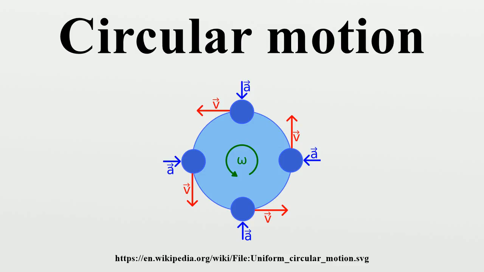Uniform circular motion. In physics, uniform circular motion describes the motion of a body traversing a circular path at constant speed. Since the body describes circular motion, its distance from the axis of rotation remains constant at all times. Though the body's speed is constant, its velocity is not constant.